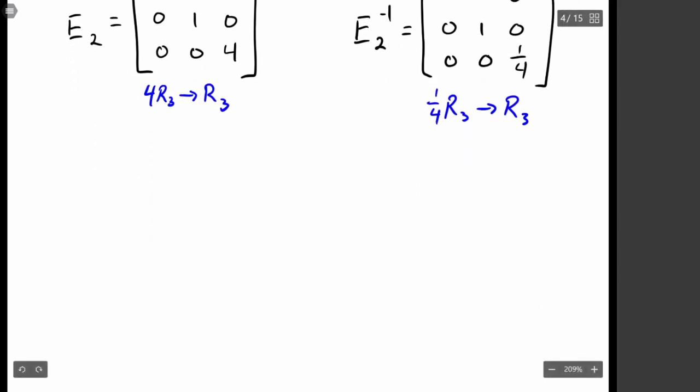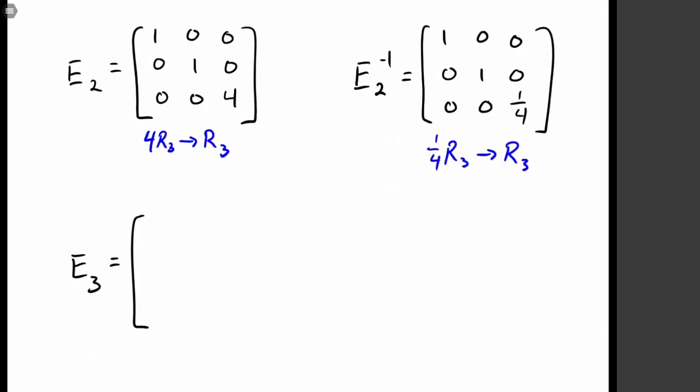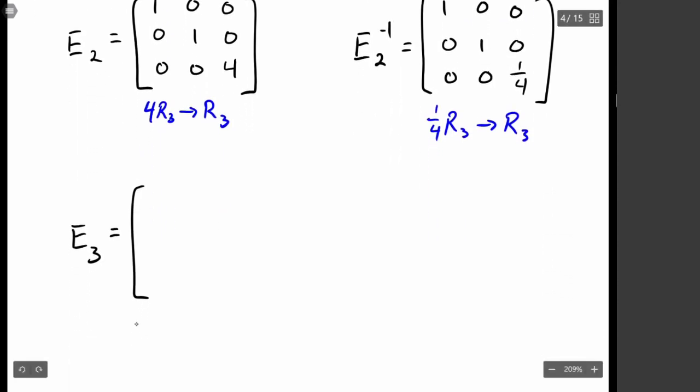Let's do this one more time, because there's one more type of elementary matrix. That's E3. Row 1 hasn't got any love yet, so let's do row 2. Row 2 plus 7 row 1 goes to row 2. Let's do that as our row operation. Row 1 won't change up here.